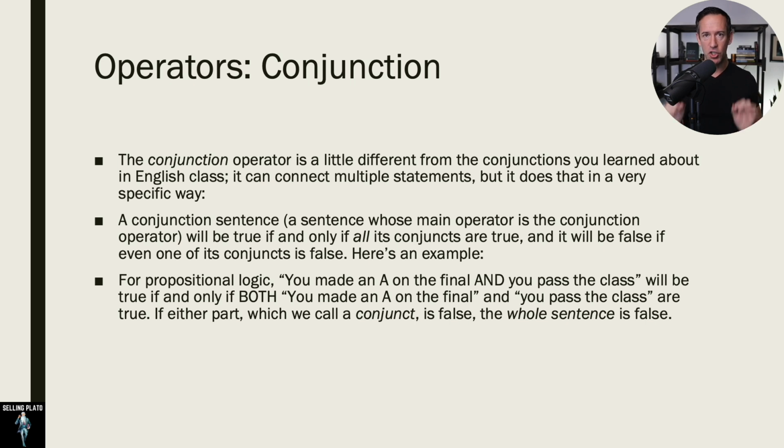All right? For conjunction, it needs each sentence, which we can label a conjunct in this context. So if the main operator in a sentence is conjunction, then its parts are going to be what we call conjuncts. Those are the atomic sentences that we also put another label on, which is conjunct, if that atomic sentence is part of a compound sentence that has a conjunction operator.